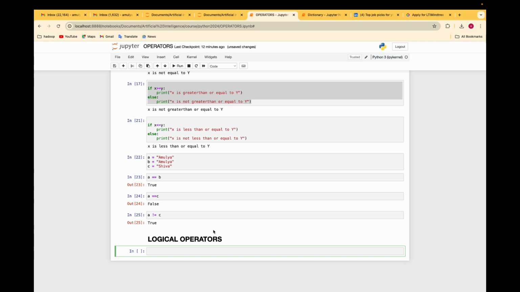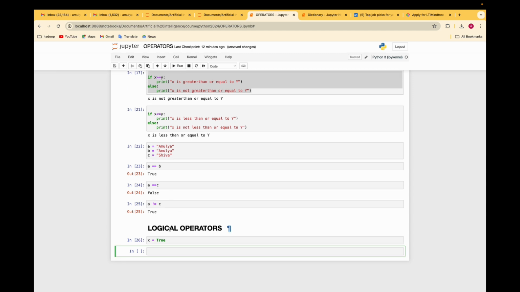Logical operators. x equals true, y equals false.